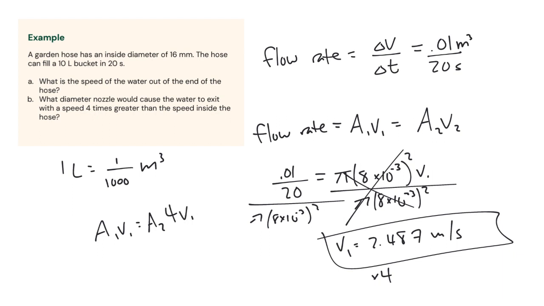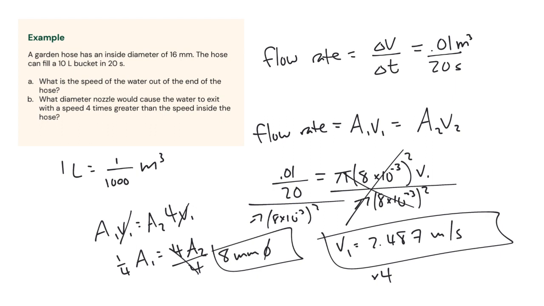So we could sub that right in. That would make our velocities cancel, and I would say area 1 has to be 4 times area 2. So our new area has to be 1/4 area 1. To get an area that is 1/4 of the original, we would have to halve the diameter. So that would be an 8 millimeter diameter hose.